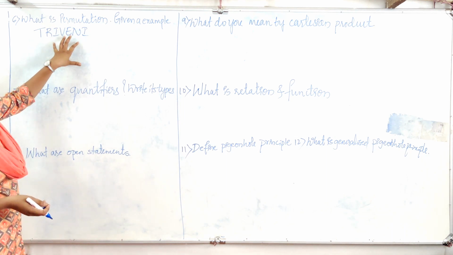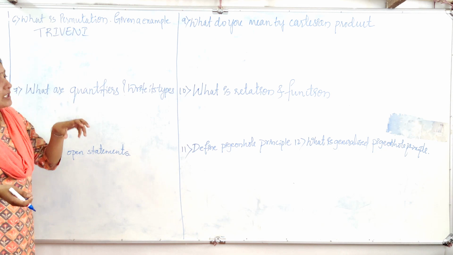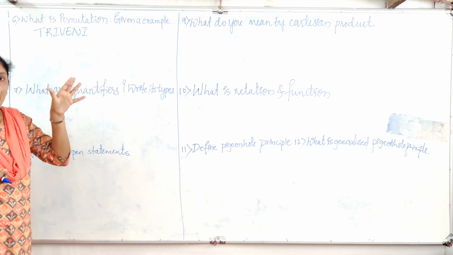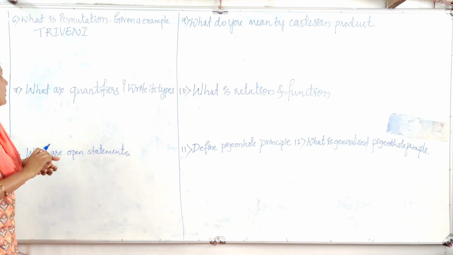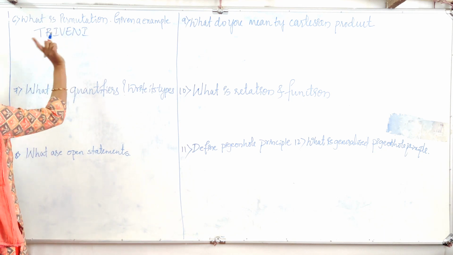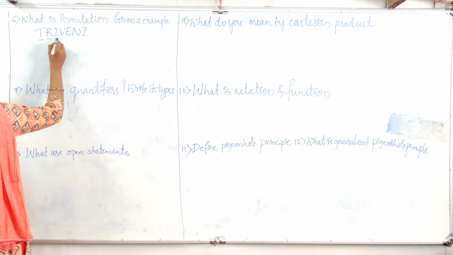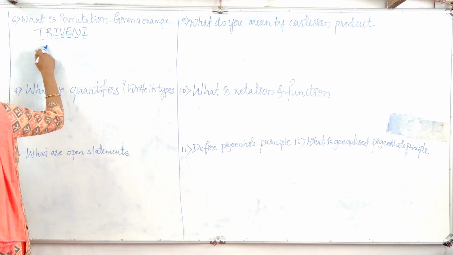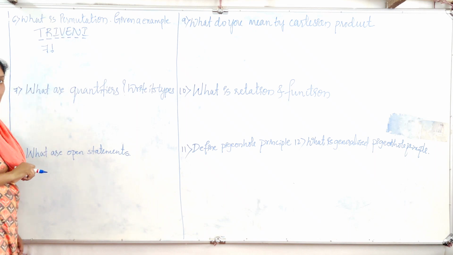So here the question is, in how many ways can the letters of this word be arranged? So that is the permutation. Okay. So totally how many letters are there? 1, 2, 3, 4, 5, 6, 7 letters are there. That means it is 7 factorial.